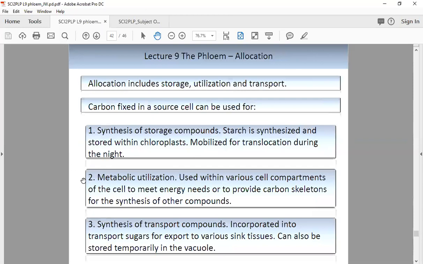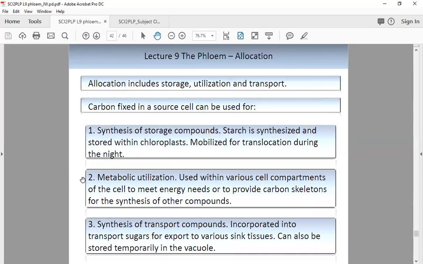Number two, metabolic utilization. So this is where carbohydrates are used within various cell compartments of the cell to meet energy needs. And of course, the number one compartment would be the mitochondria. Carbohydrates being used in cell respiration, or the carbohydrates may provide carbon skeletons for synthesis of lots of other compounds in the cell.